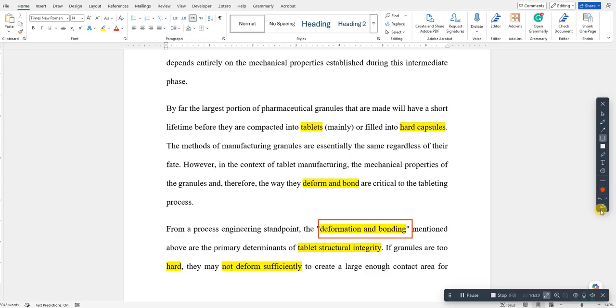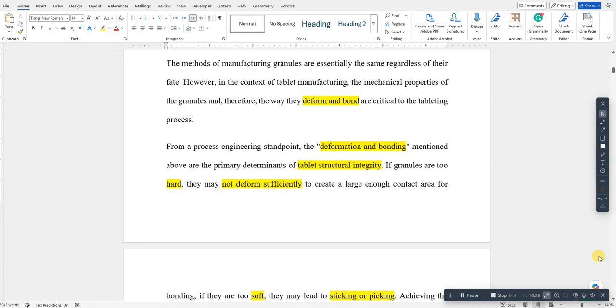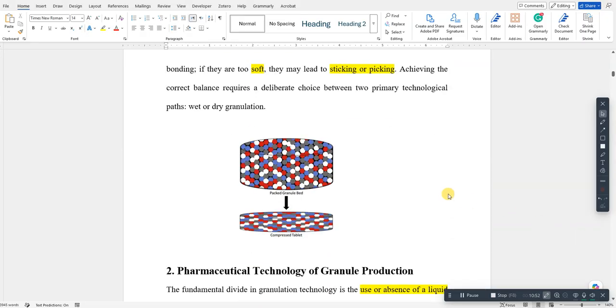So when we say deformation, we are talking about changing the shape of the granule so that it will have more contact areas with each other. This is what I'm going to show you in the next slide.